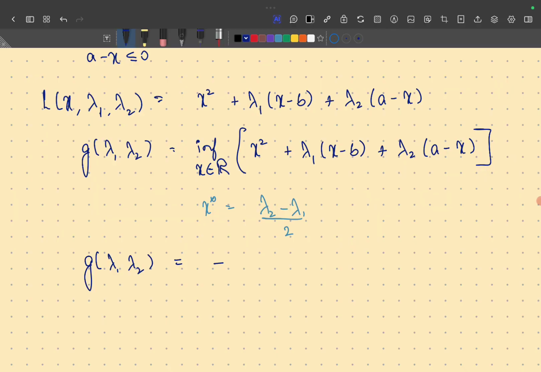Minus of lambda 1 minus lambda 2 whole square by 4 minus b lambda 1 plus a lambda 2. Did everybody get this?